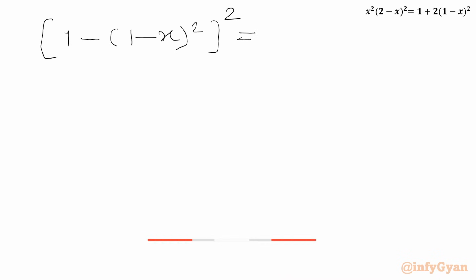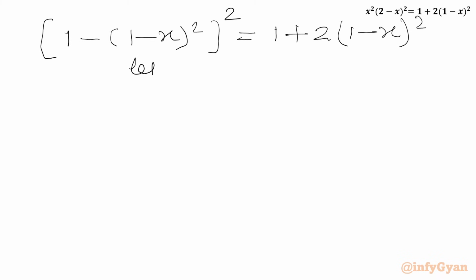So I will write here 1 minus (1 minus x) whole square, and then we'll put whole square, complete square. RHS is unchanged, 1 plus 2 times (1 minus x) whole square. Now let us say (1 minus x) whole square equal to u. So we can write our equation in variable u.